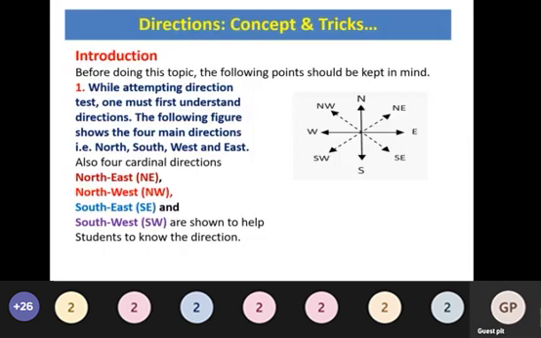So before taking up direction sense problems, you should learn the 4 important directions and the other 4 cardinal directions. Totally, the 10 directions you are supposed to learn very correctly. Otherwise, it will be slightly difficult for you to answer these questions.